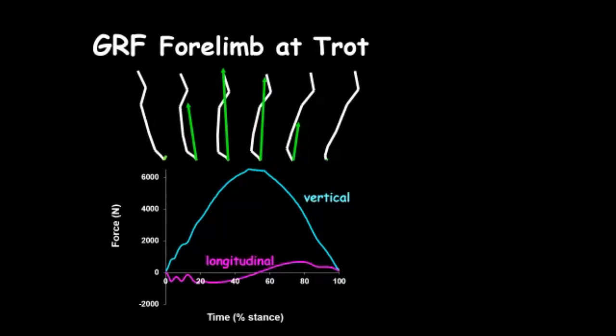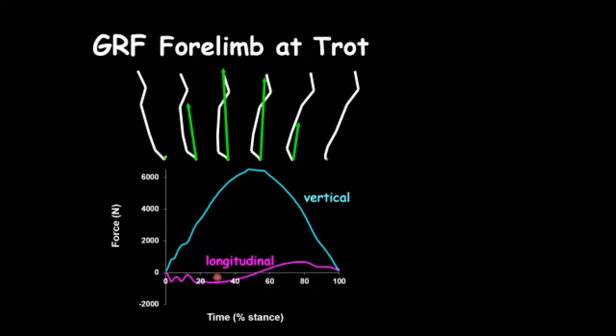So the longest force vector would be around the middle of the stance phase, and it would be vertical at that point when the longitudinal force is crossing 0. And the longitudinal force is responsible for determining the direction of the force vector.